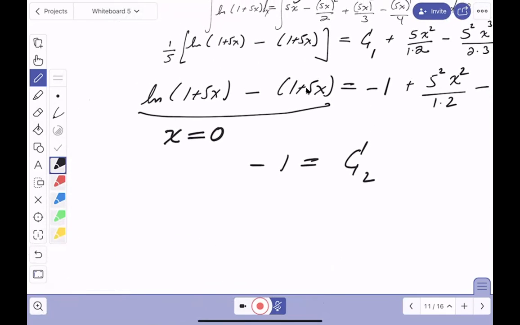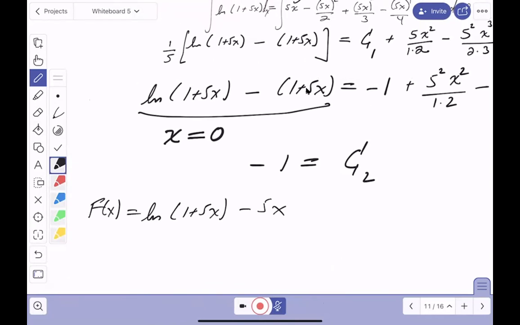So I'm going to write this over here. I'm going to write down ln of 1 plus 5x minus 5x. This is the big f of x, isn't it? Well, I hope you realize I got troubles, don't I? So what do I have? I have ln of 1 plus 5x minus 1.